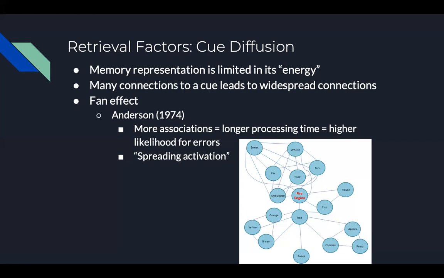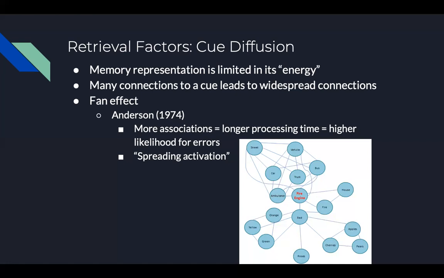And so there's a phenomenon that Anderson found and came to call the fan effect. And so this is a concept that connects this idea of limited energy and the activation between connections of concepts in the mind.